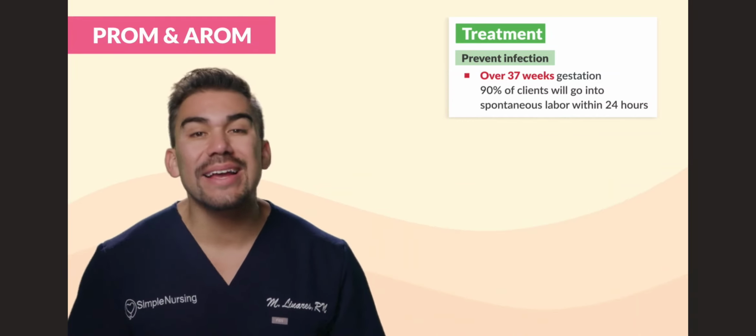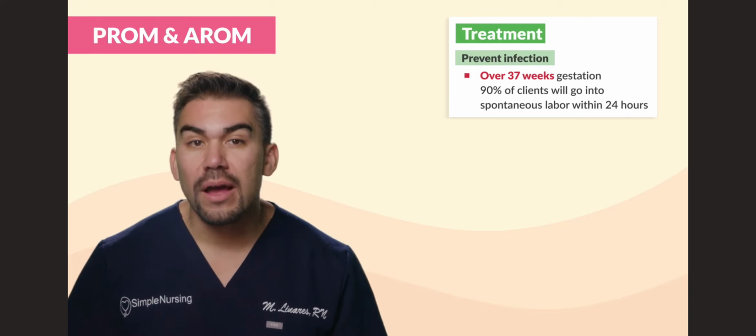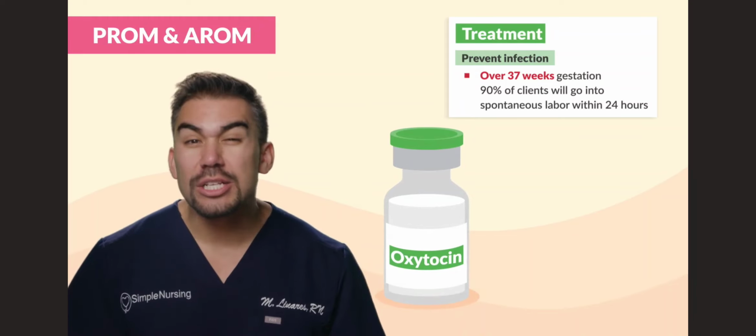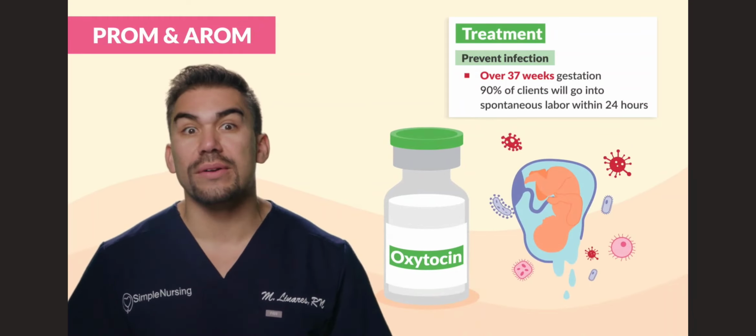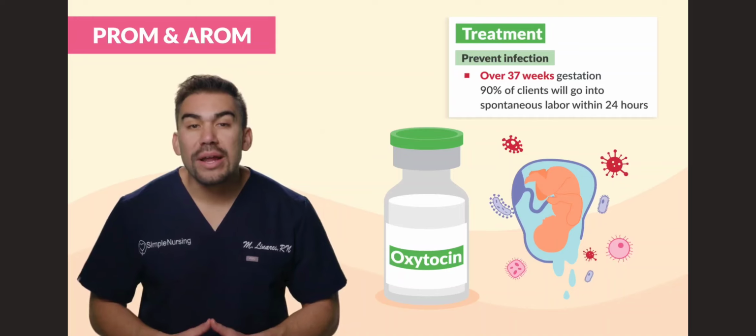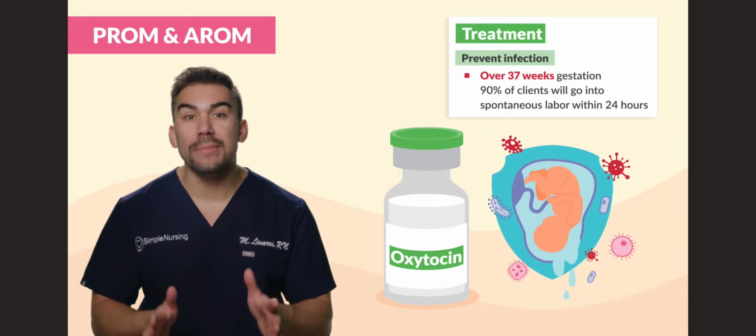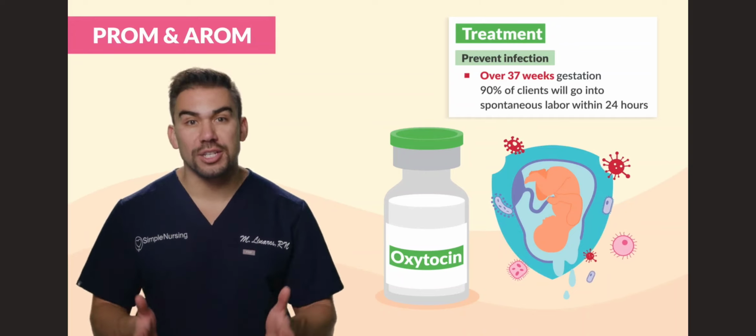But if the client does not go into spontaneous labor on their own, then the labor should be induced with oxytocin due to a big increased risk for infection, as the amniotic membranes have ruptured, which is the biggest defense barrier for the baby. So we have a huge risk for infection.